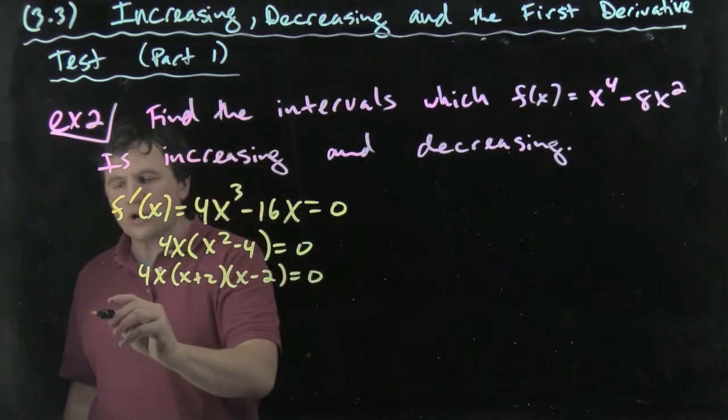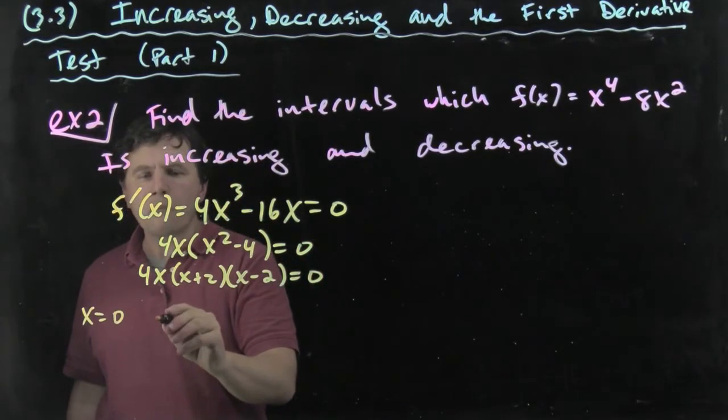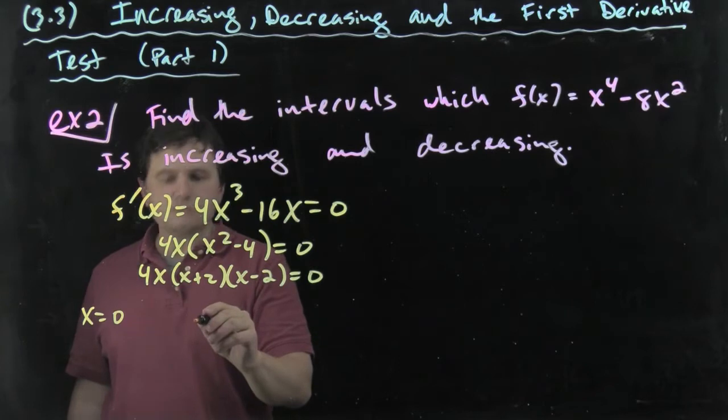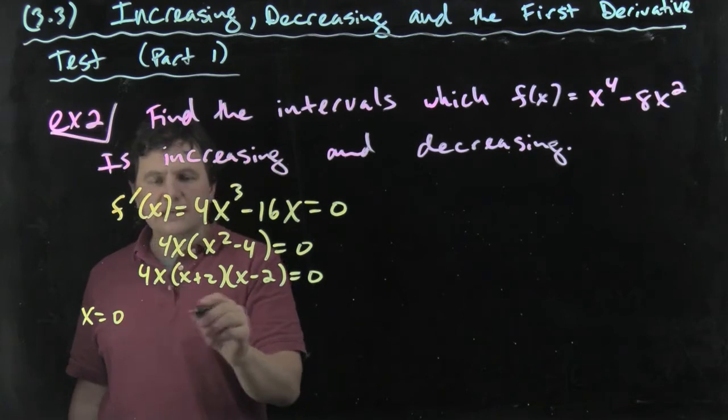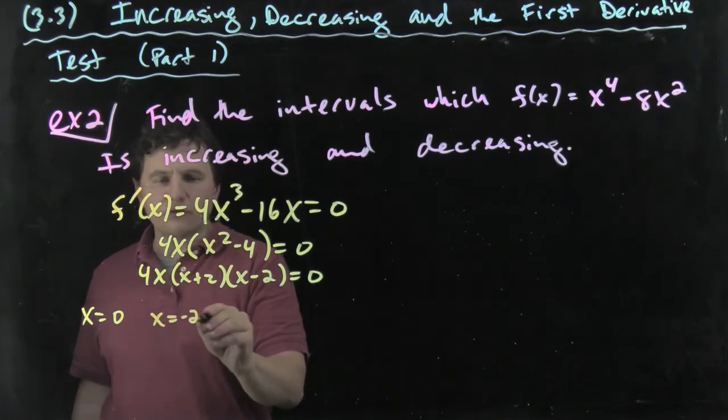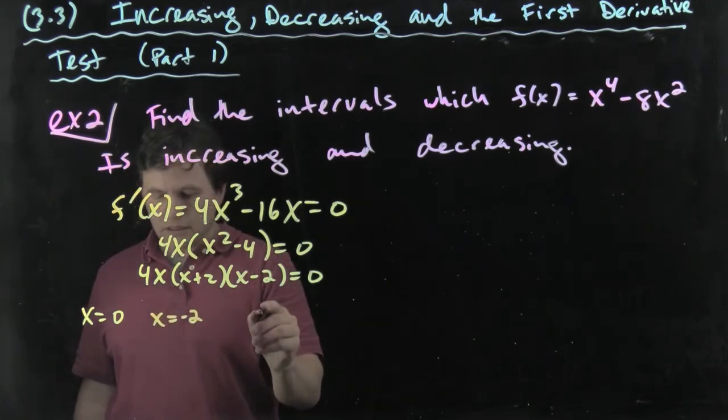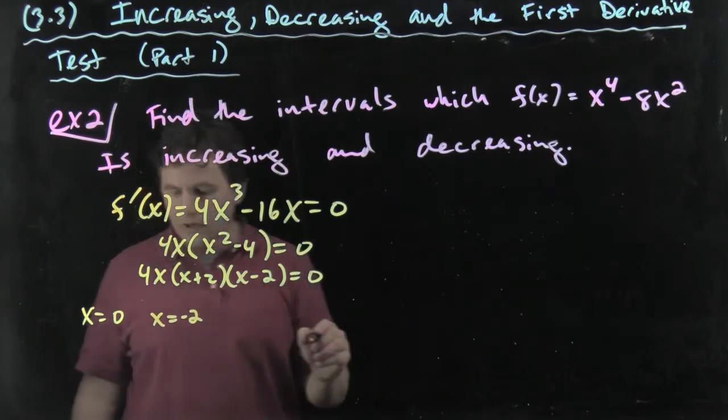So I actually have 3 critical points, so x equals 0, x equals negative 2, and did I do that correctly?